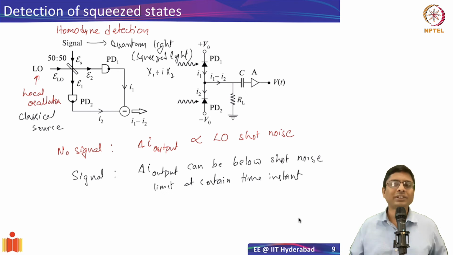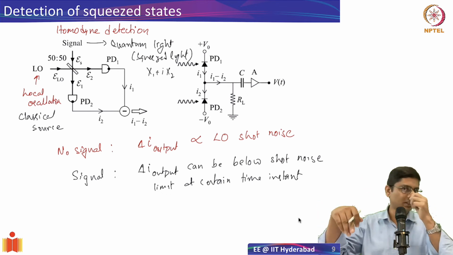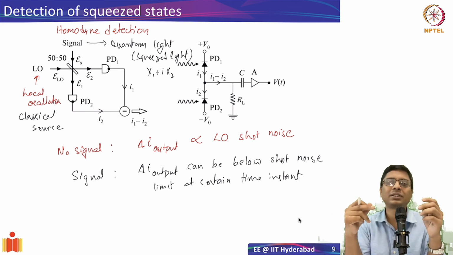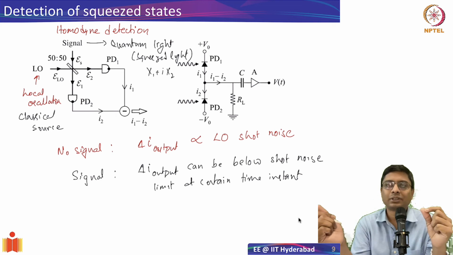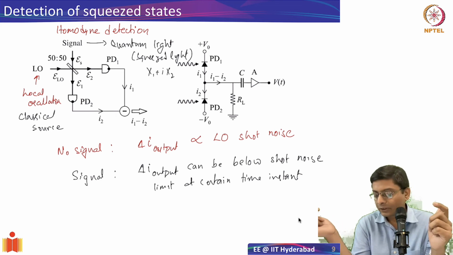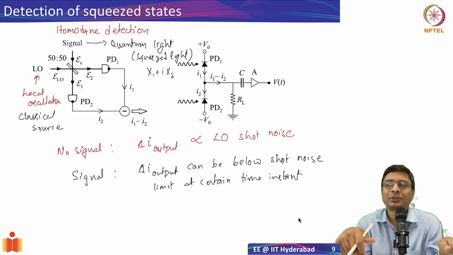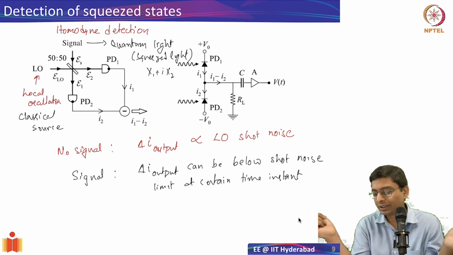Why? Because at that point, let's say it's amplitude squeezed. You saw that the fluctuations in the fields are going in such a way that at some points the amplitude fluctuations are lower than the classical coherent source. So if you are able to get below the shot noise limit, that means it's a quantum source, and we can find out what the quadrature is and so on.